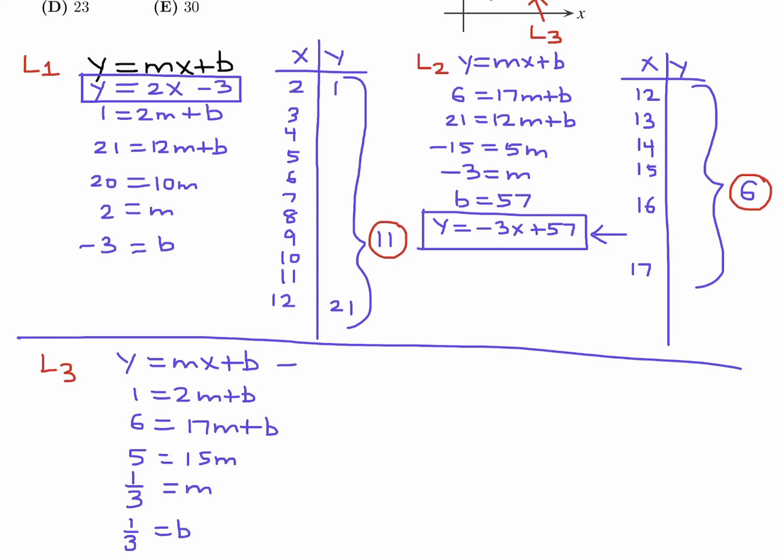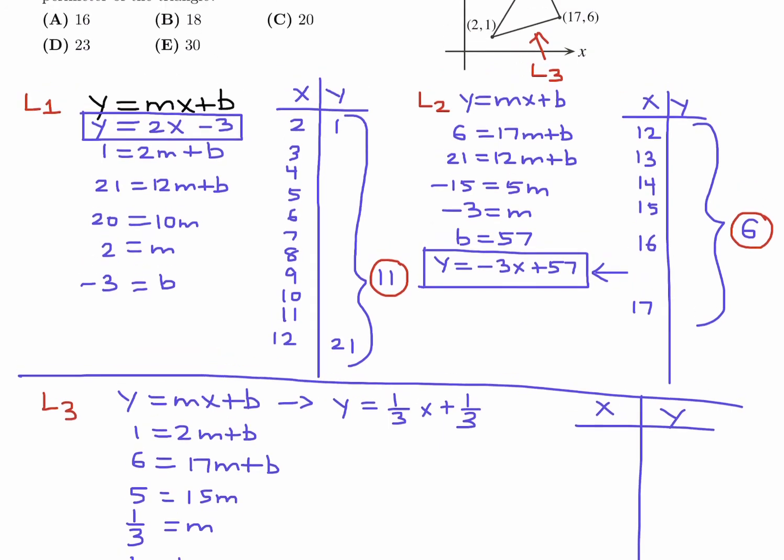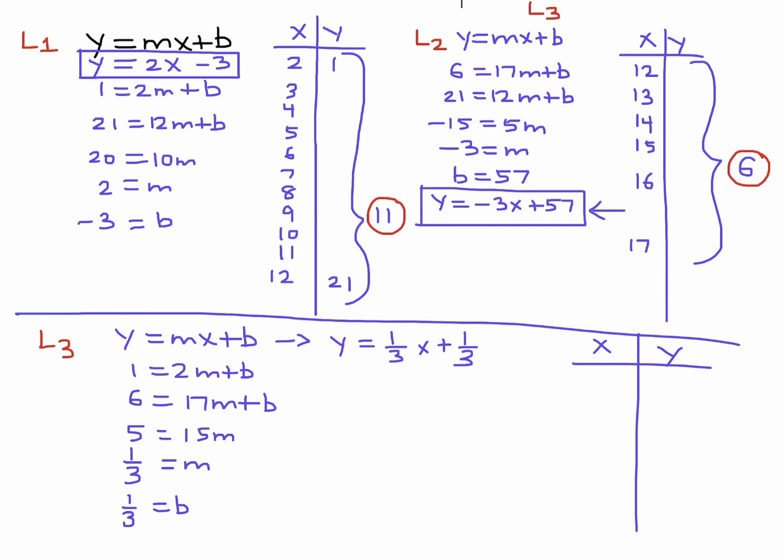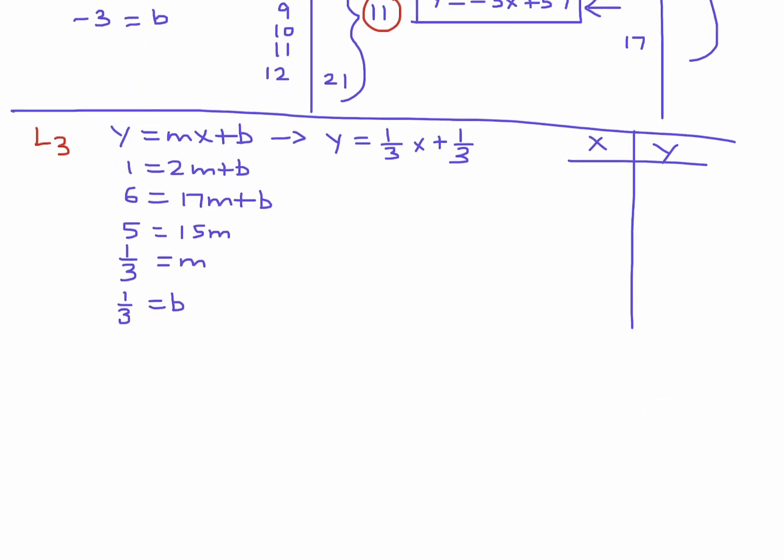So our equation is y is equal to 1/3 x plus 1/3. Now for this, we do the same thing. We make a little table, and we're going from 2 to 17. Okay? So it's a little bit bigger this time.